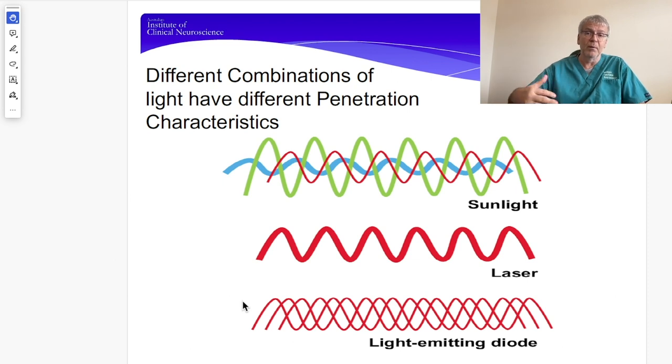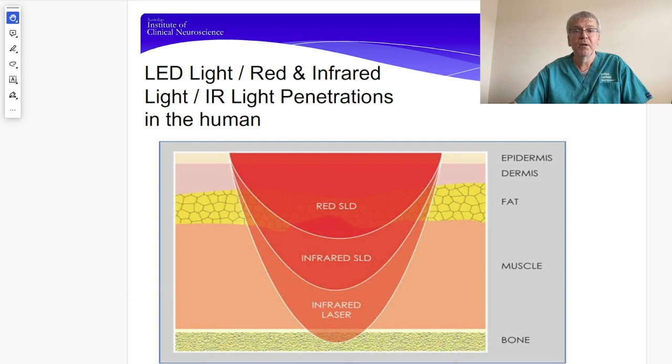We'll talk a bit more about the differences between the effect that diodes, so LEDs, have, and the effect that laser has on biological tissue. Both have an effect, but there's some research coming out that's showing laser is more effective.